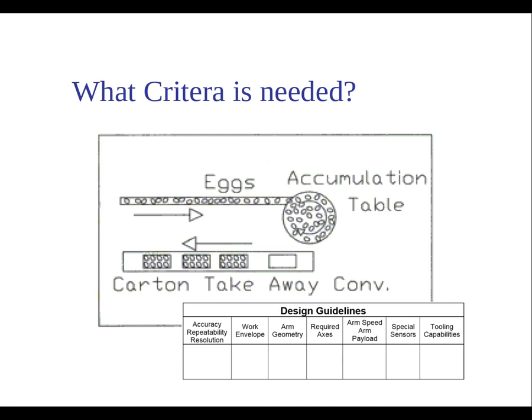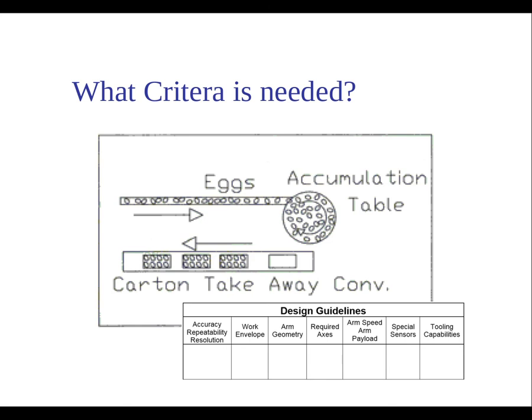So here's just an example. We have eggs coming down a conveyor going to what's called an accumulation table. So they're just moving around on this accumulation table, and then we want to have a robot that's going to pick up these eggs and put them in the carton.